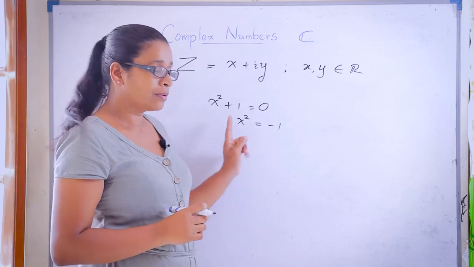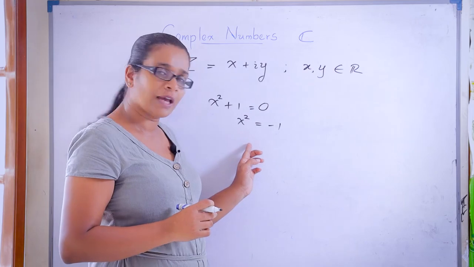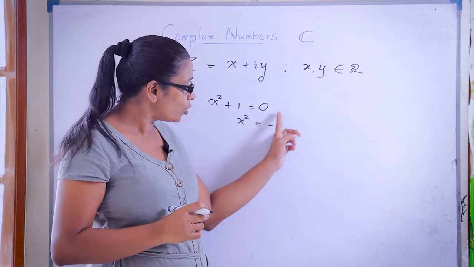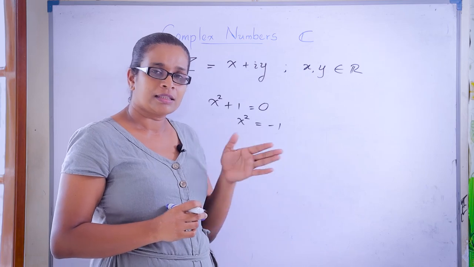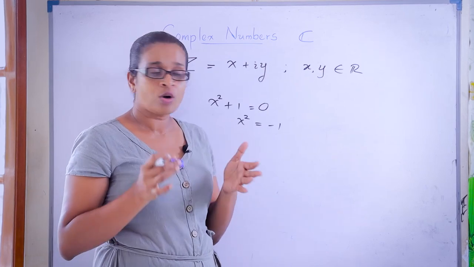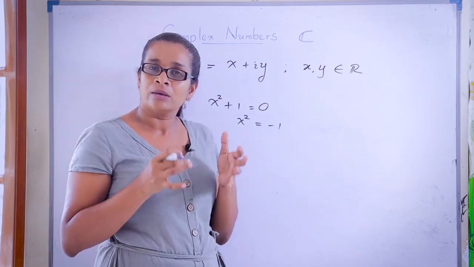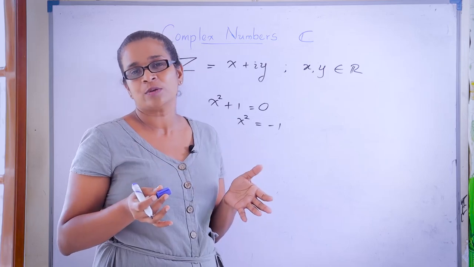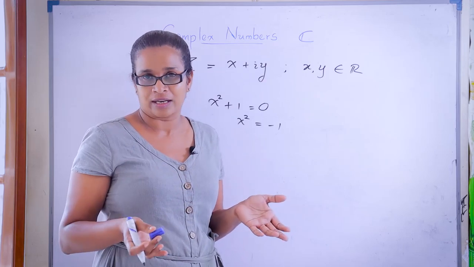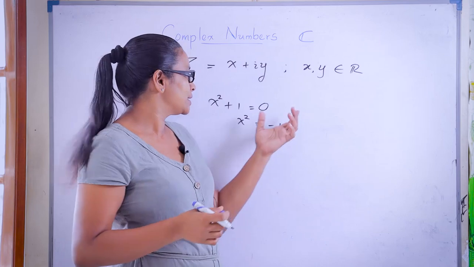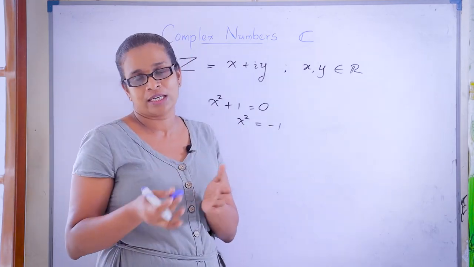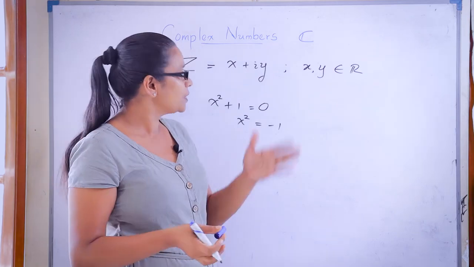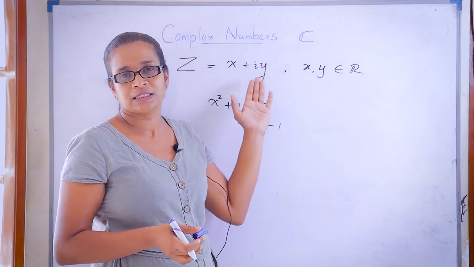If you try to find this x value, you will get root of minus 1. I think up to now you know that when we take the root of a negative number, the result is not real. So in that case, we need to define it using another notation. That's what we are going to do in complex numbers.